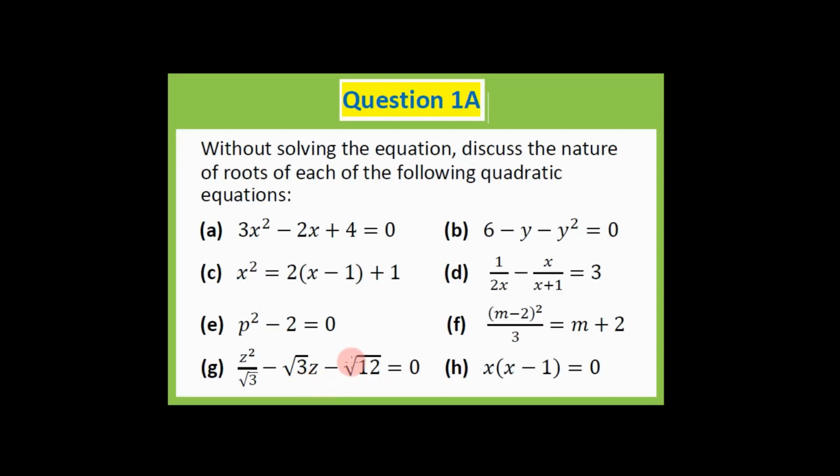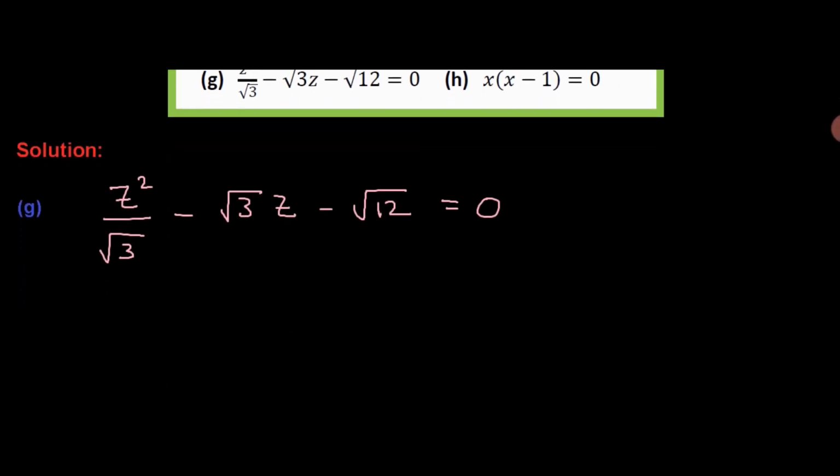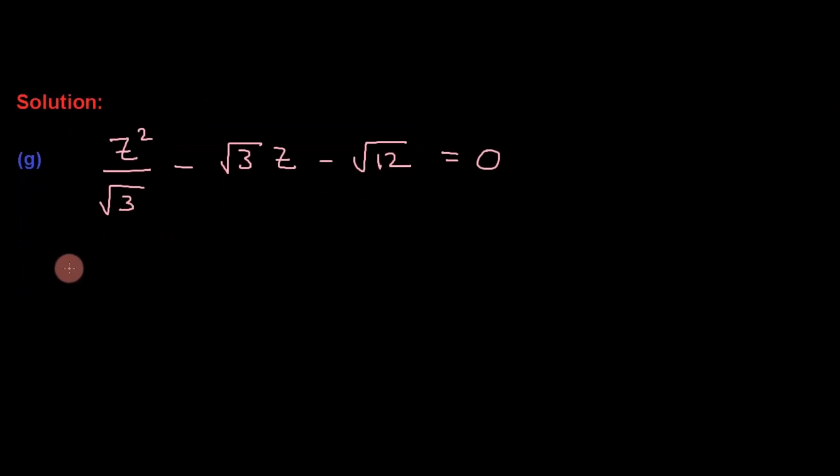Let's look at G. Once again, we can multiply through by the square root of 3 to get rid of the fraction over here. So it's z squared minus, now the square root of a times the square root of a, of course, is a. This is using the laws of surds. So the square root of 3 times the square root of 3 is just 3.